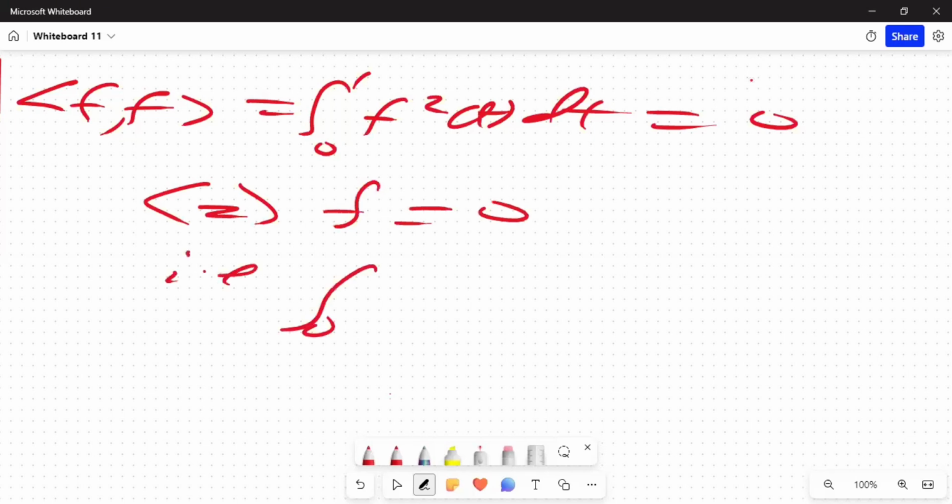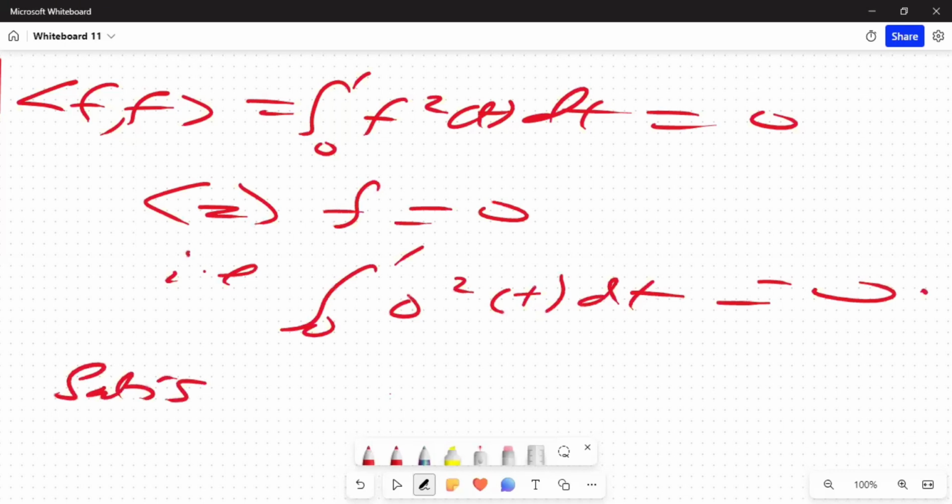That is, the integral from 0 to 1 of 0 squared with respect to t dt will be 0. So this will be 0 if and only if f is 0, satisfying I1.